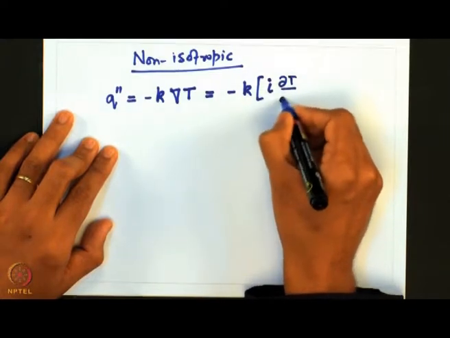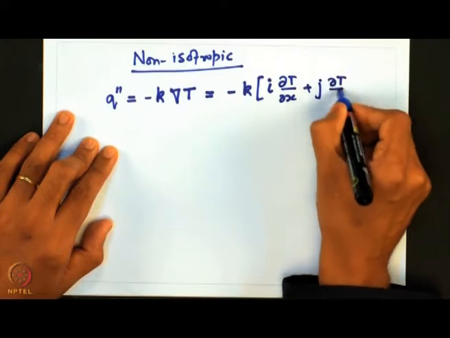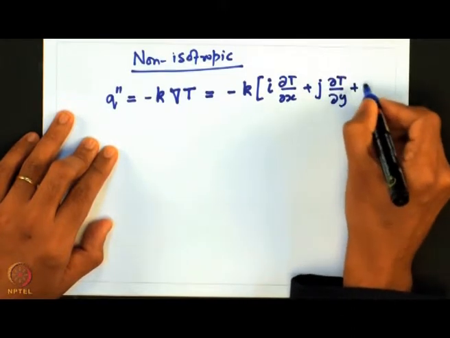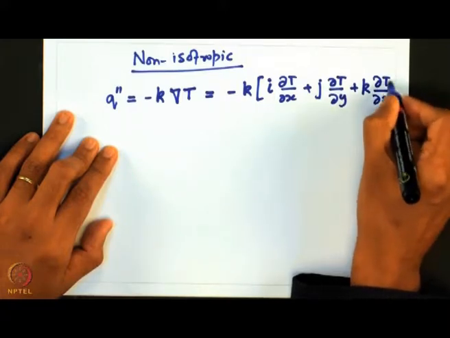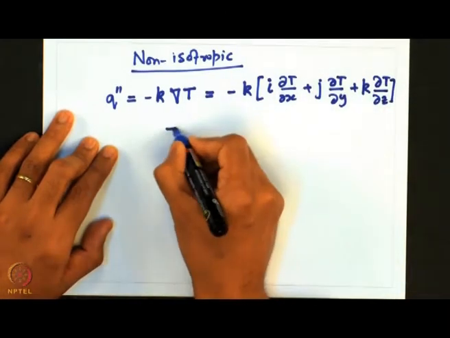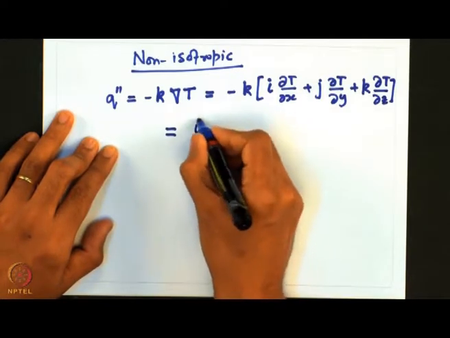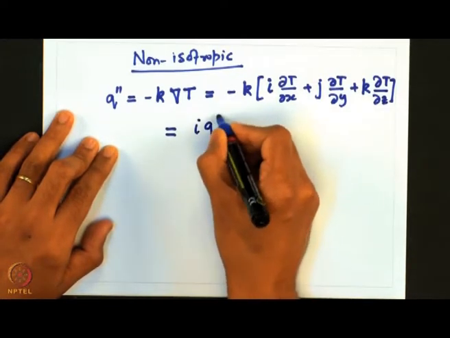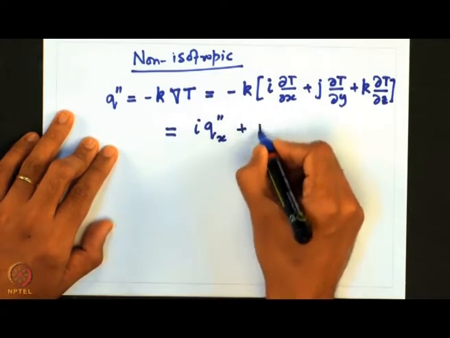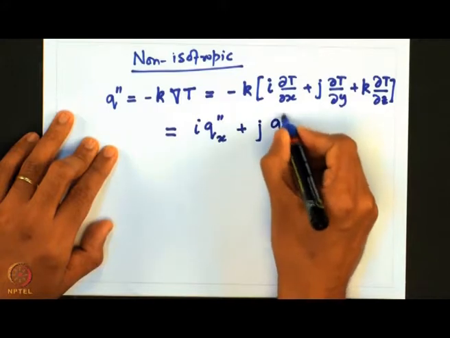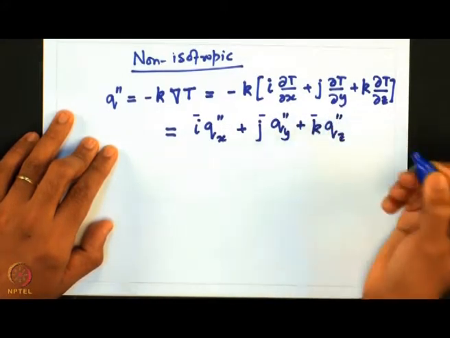i dT by dx plus j dT by dy, the gradient in the y direction, and k dT by dz, the gradient in the z direction, which also implies that this is equal to i Qx double prime, which is the flux in the x direction, plus j Qy double prime plus k Qz double prime.